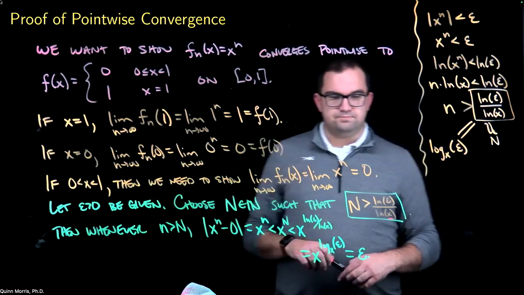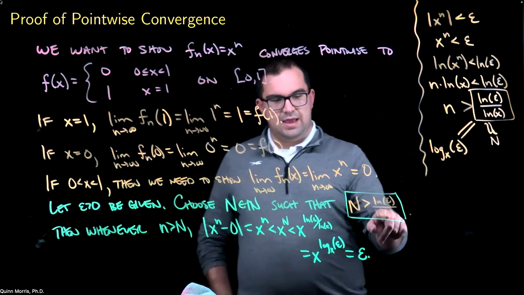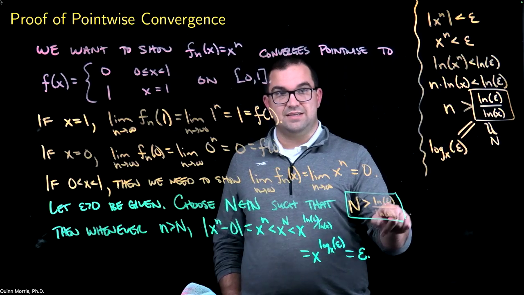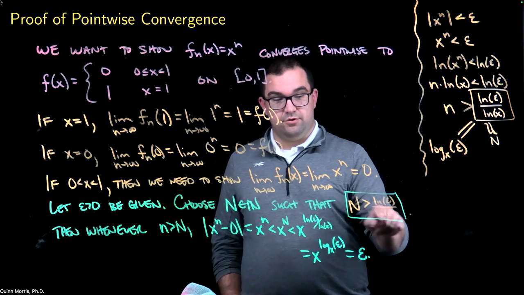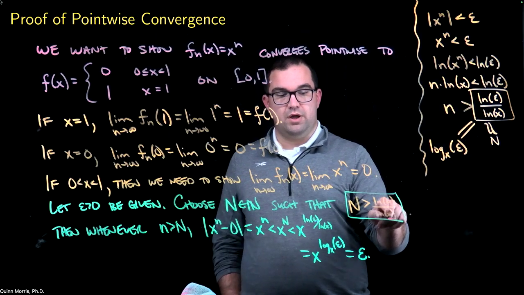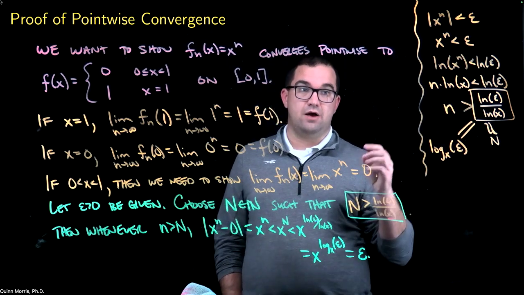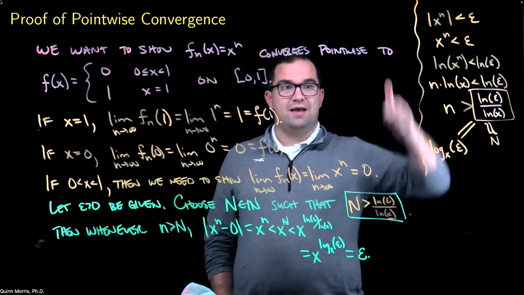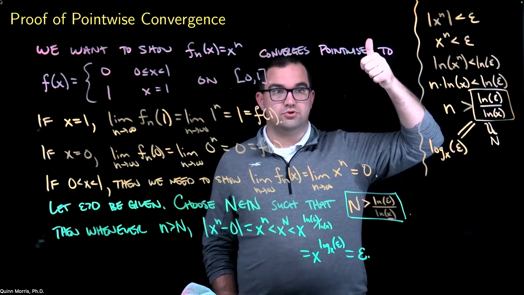And in particular, as x gets closer and closer to 1, this is getting smaller and smaller, right? The denominator. So as x gets closer to 1, natural log of x is getting, in absolute value, smaller. And what it's doing is, in many cases, driving the size of this n larger and larger and larger.